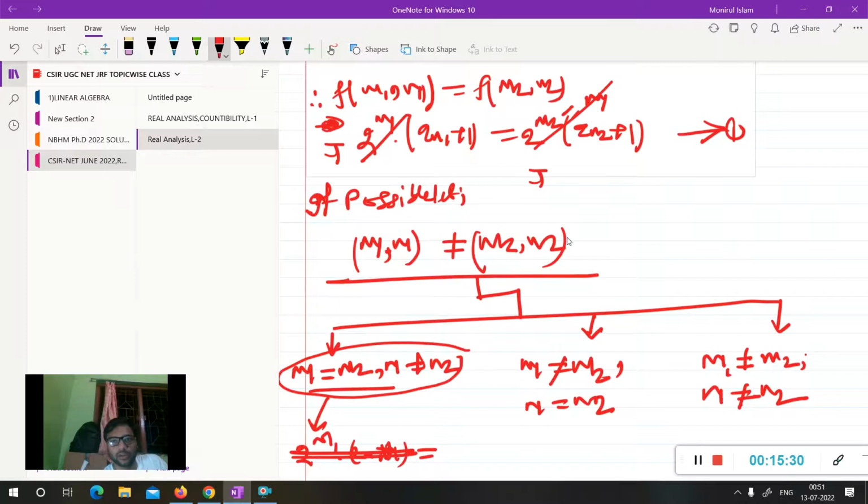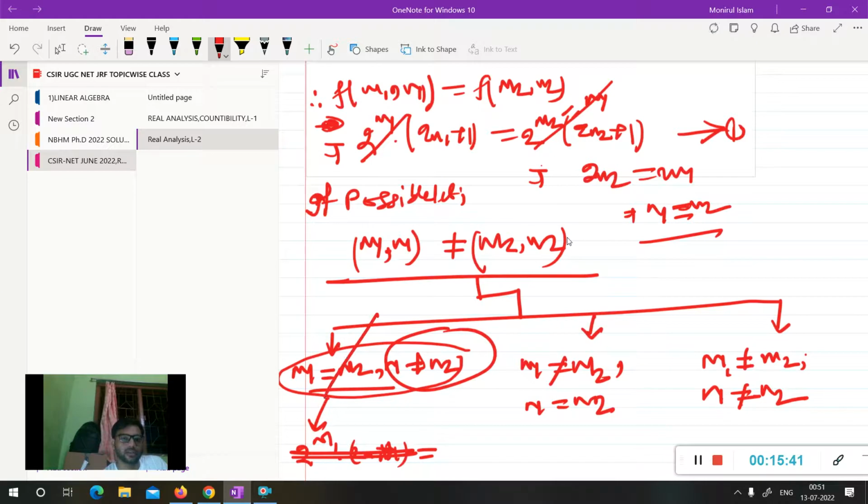So this gives 2n1 plus 1 equal to 2n2 plus 1, so 2n2 equal to 2n1, which gives n1 equal to n2. But here n1 is not equal to n2, so this is a contradiction. So this case never happens.